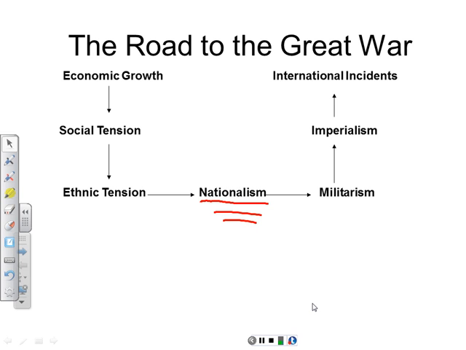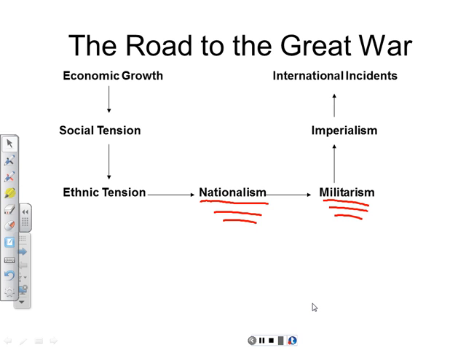Now, as a result of this dark side of nationalism, what we see is militarism. That is, the European powers came to believe that the best defense of their nation was building up huge standing armies and spending a lot of money on arms and guns.